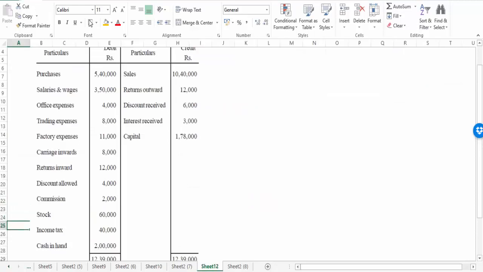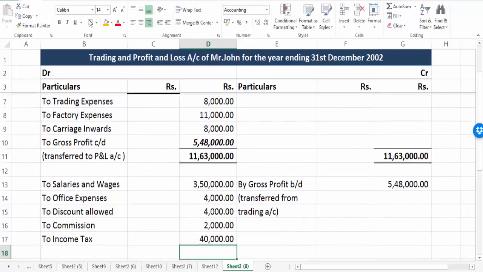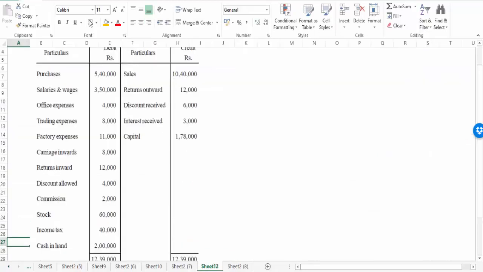Income tax, yes, we can provide for that. To income tax, assuming it's a tax on this profit, it's 40,000. Then cash in hand is an asset, it will not appear. Then sales return outwards covered. Discount received can be taken to credit of P&L.